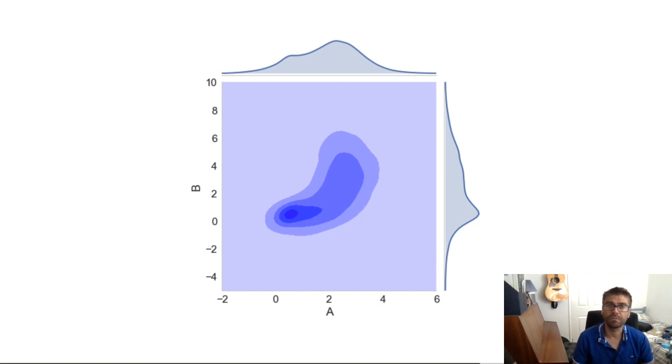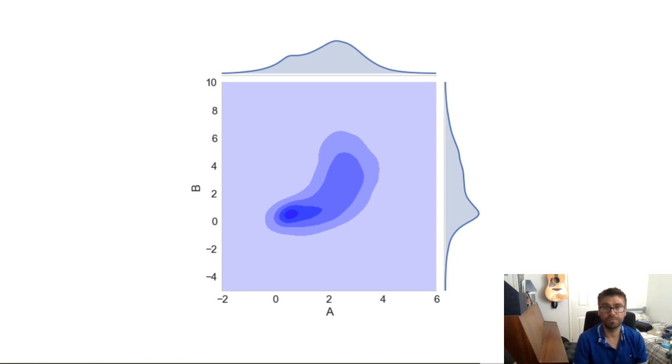It's even more important to have access to the full posterior probability distribution if that posterior is non-Gaussian. So in this example, we have another posterior probability distribution, again for parameters A and B, and we're looking at that 2D distribution with the different contours showing different densities.